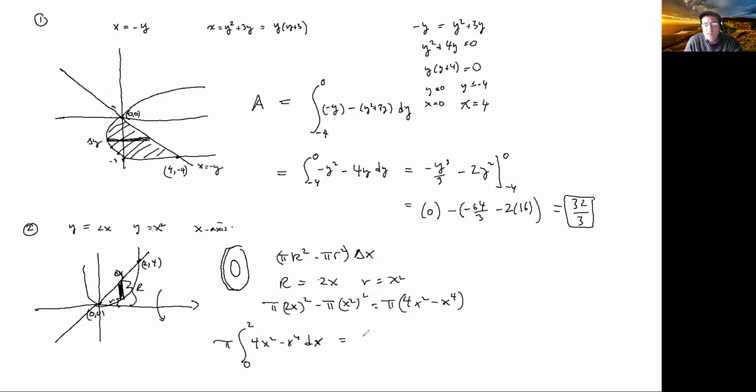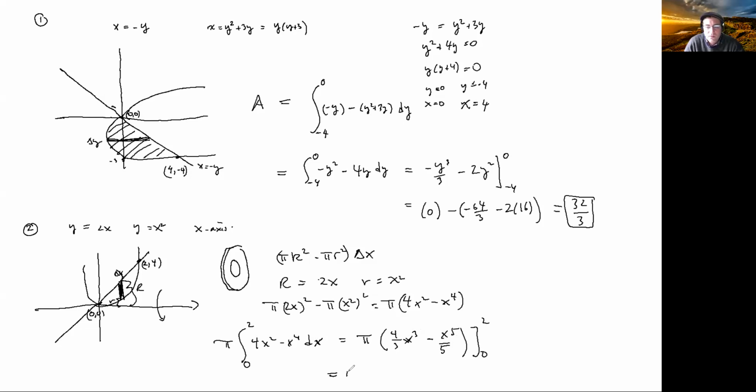And what is that? That's pi times 4/3 x cubed minus x to the 5th over 5 from 0 to 2. If we stick in 0, the evaluation at 0 gives us nothing interesting, so we just have to stick in 2.